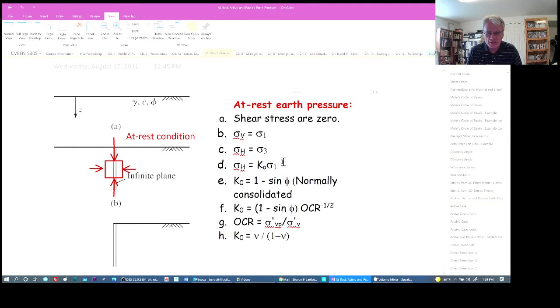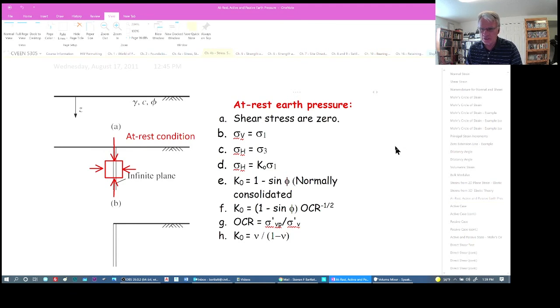And we can write the ratio of the horizontal stress, K naught, which is what's called the earth pressure coefficient at rest.